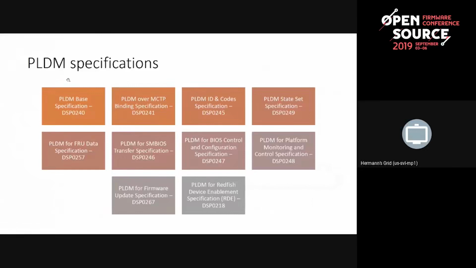And the PLDM state set specification defines a set of enumerations for common states, such as the health of an entity, or the power state of an entity, or the availability of an entity. The state set specification defines common enumeration values that can be used for these state sets, and then those can be associated to an entity.